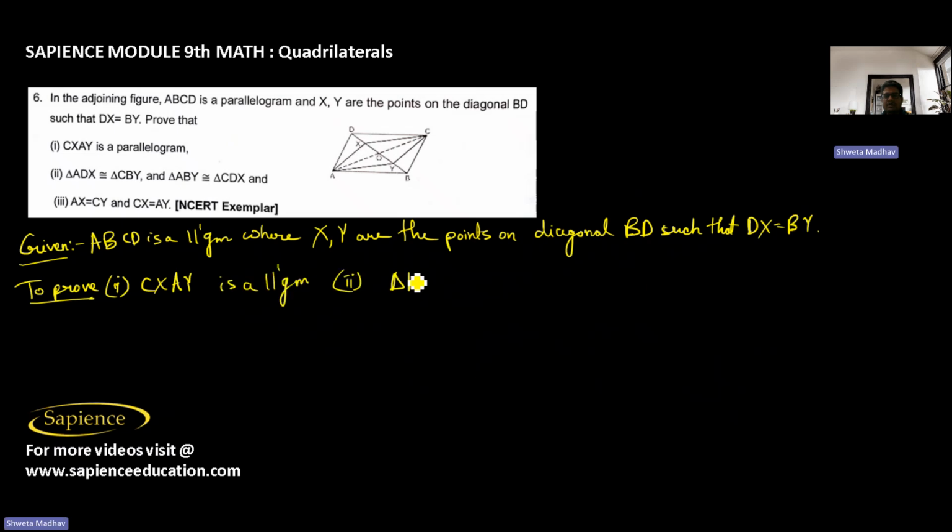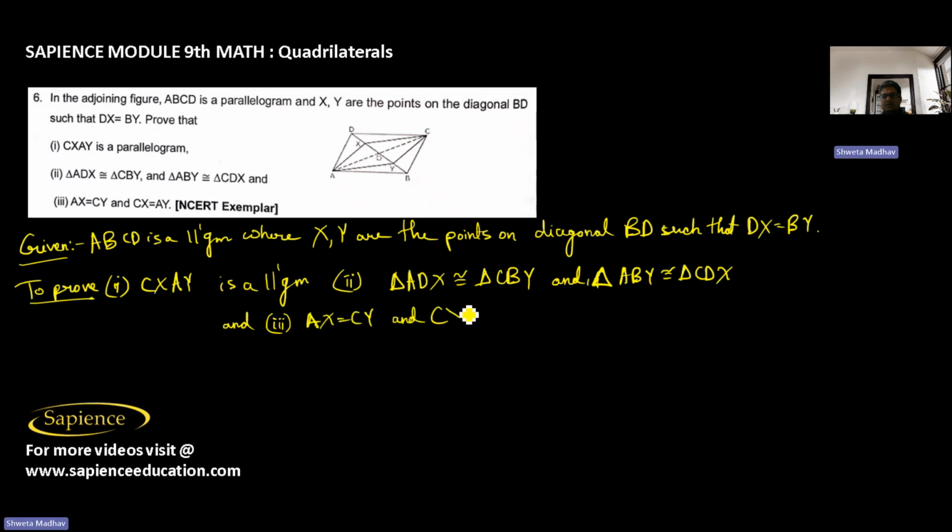Second is triangle ADX is congruent to triangle CBY, and triangle ABY is congruent to triangle CDX. And third is AX equals CY and CX equals AY. Then we'll write it.